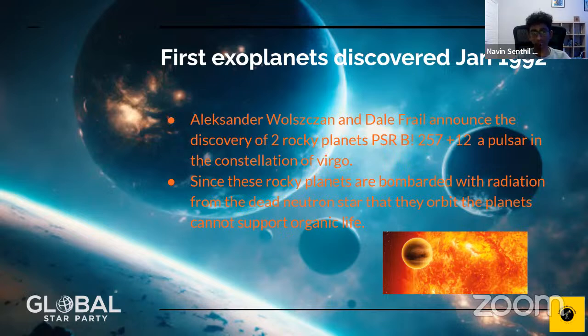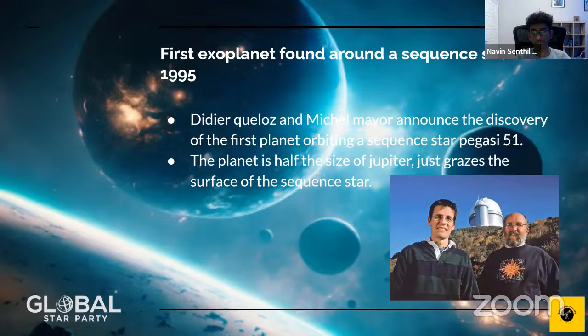Our third event is the first exoplanet found around a main sequence star, in October of 1995.